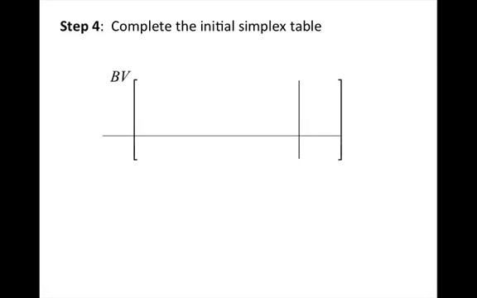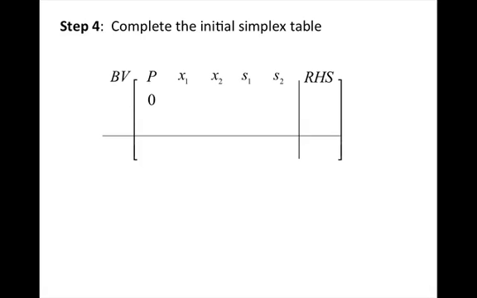Now let's look at the initial table. I'm always going to start by listing my basic variables in front of the matrix. Then within the matrix, you're going to list your P column, followed by your X's, followed by the S's, and then you have your equal to bar, and then you'll have your right-hand side.